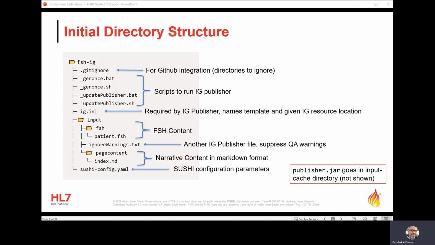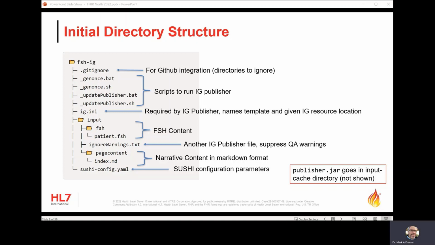So under the name of the IG, you'll see a directory structure that is very much like the directory structure that's required by the IG publisher, except there's a folder under the input, which is named FSH. And in there, we've got a sample file, patient.fsh. That's an FSH file that contains FSH language.